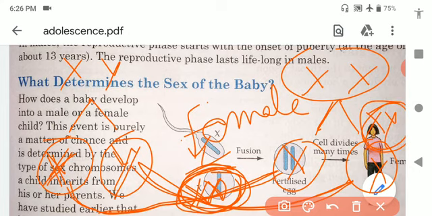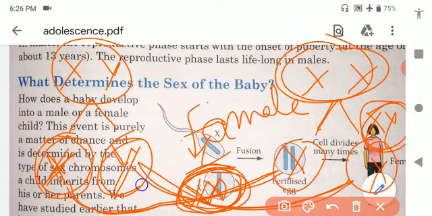So what is the reason behind the male and female child produced? It is the chromosome that is present in the sperm or ovum. Okay, understood?